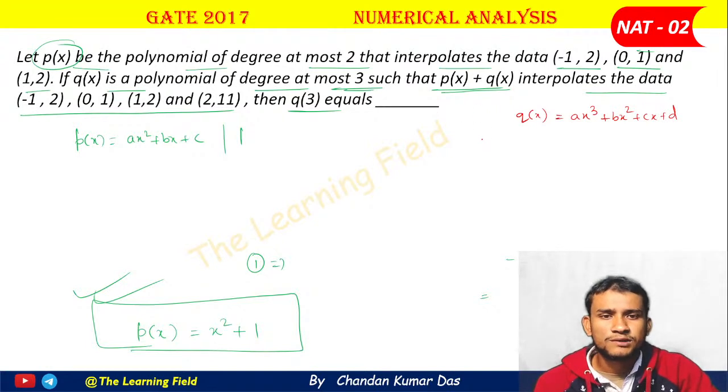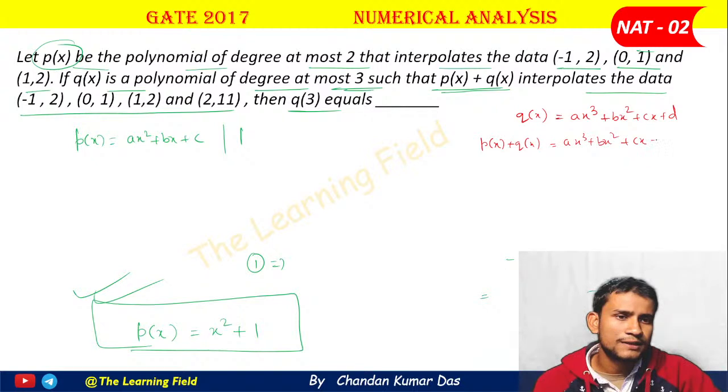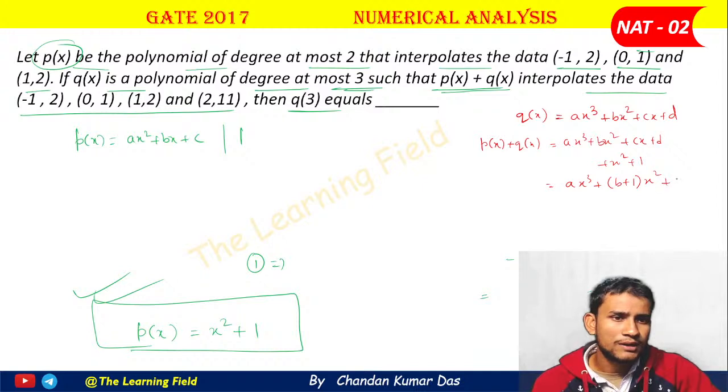Therefore P(x) plus Q(x) equal to ax cube plus bx square plus cx plus d plus x square plus 1. This means ax cube plus (b plus 1) x square plus cx plus d plus 1. So this is the value of P(x) plus Q(x). We take this equal to R(x).